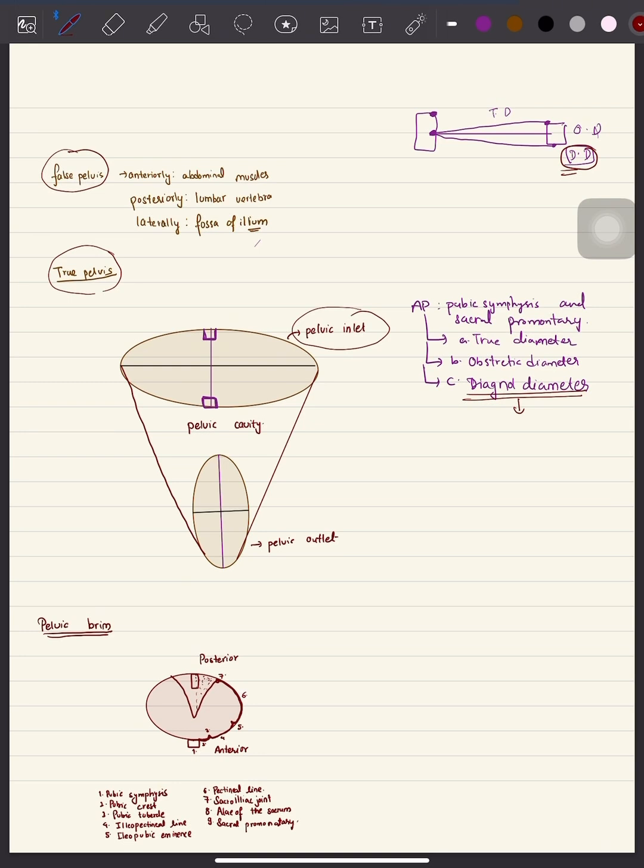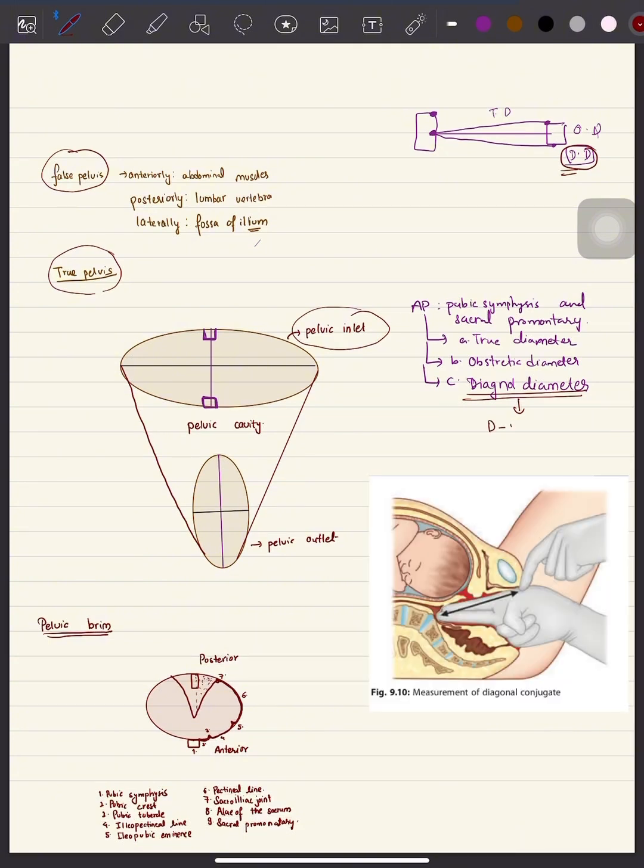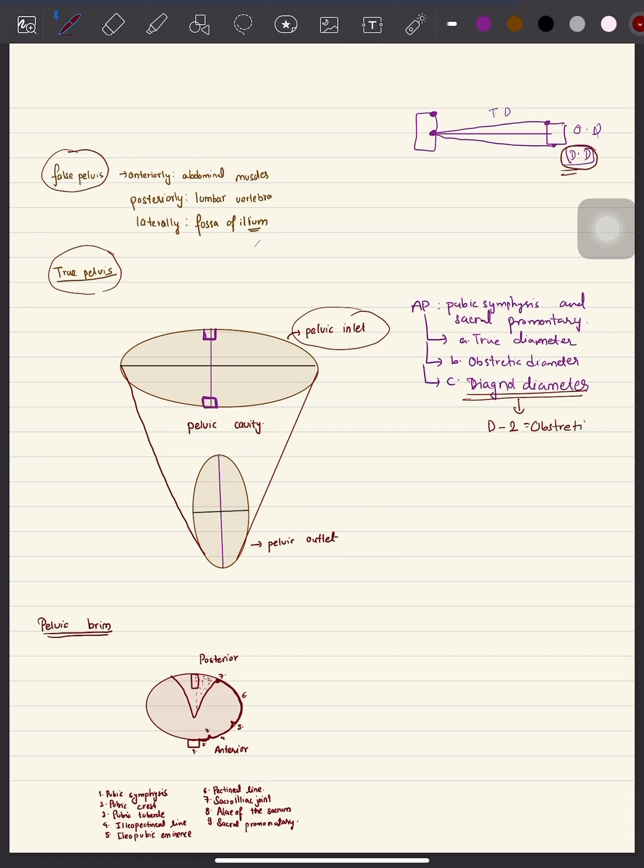After doing that, we subtract 2 from the diagonal diameter and we get the obstetric diameter. Now listen to me carefully. It is evident from the picture that in the pelvic inlet the AP diameter is the shortest. Out of the 3 AP diameters, the shortest one is the obstetric diameter.